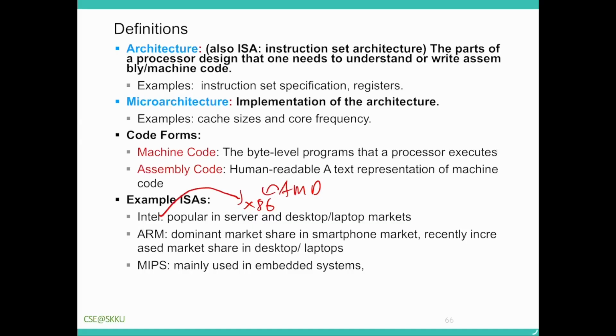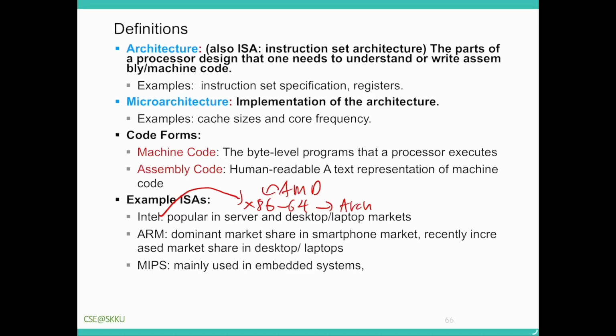So Intel and AMD both make x86 processors. So in this case, the x86 64 is the architecture, whereas the Intel or AMD's own implementation of the architecture are called microarchitectures. So, for example, Intel 12th Gen i7 microarchitecture is an implementation of the x86 64 architecture.